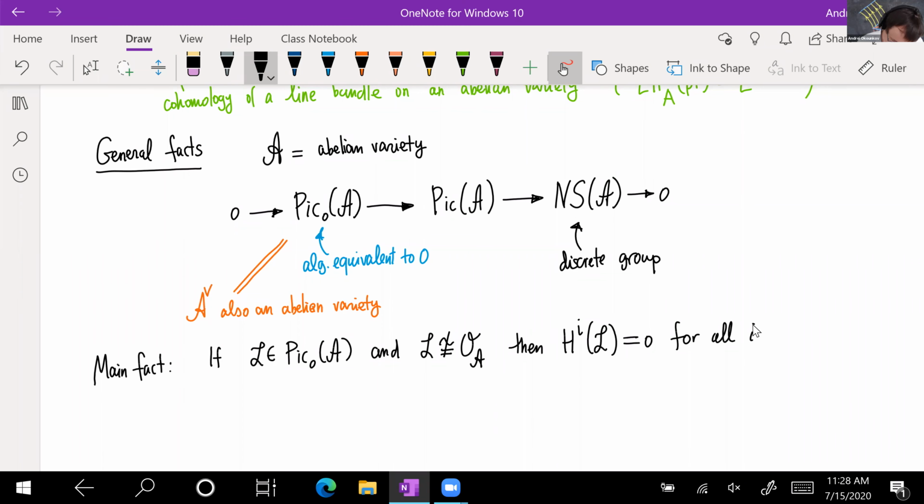So these are line bundles of degree 0. In fact, they're like characters. If you think of these as characters of your abelian variety, this is what makes the Fourier-Mukai transform work.